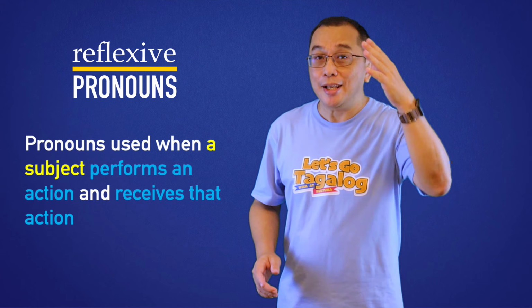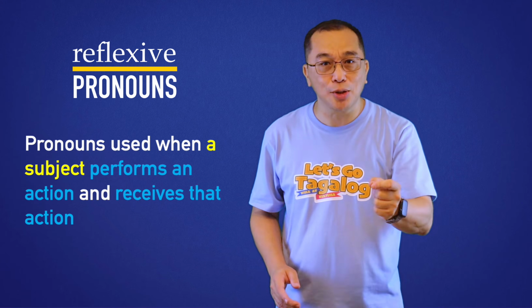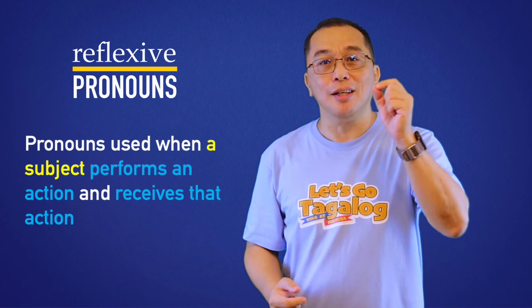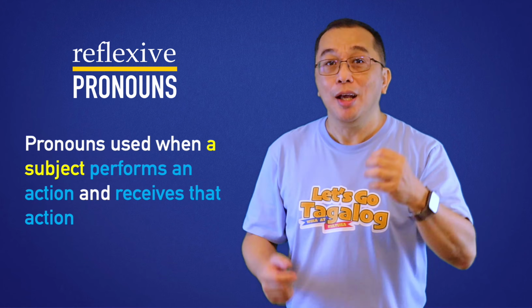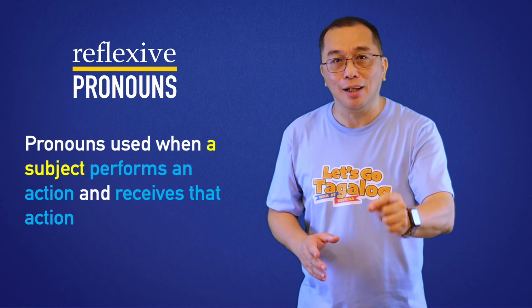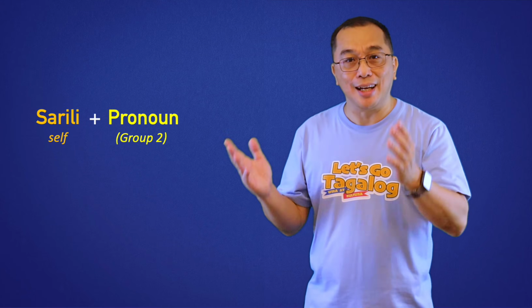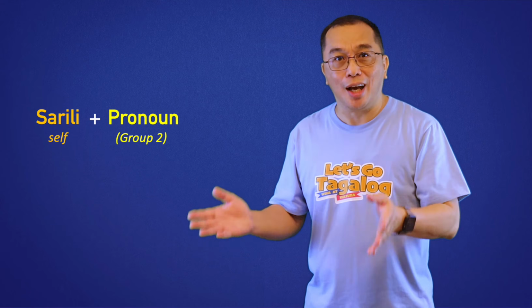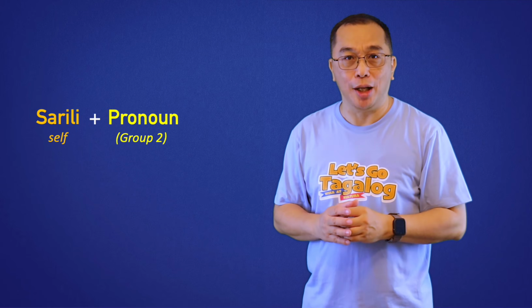What are reflexive pronouns? Well, reflexive pronouns are pronouns used when a subject performs an action and receives that action himself, meaning the subject does something to himself or herself and not to anyone else. Tagalog reflexive pronouns correspond directly to English reflexive pronouns. In Tagalog, reflexive pronouns combine the word sarili, self, with the possessive pronouns, or what I call in this channel group 2 personal pronouns.